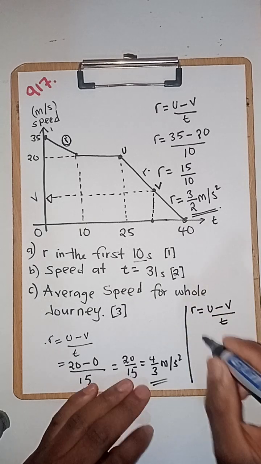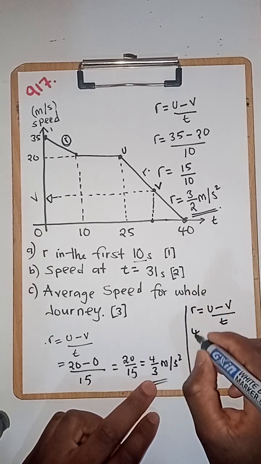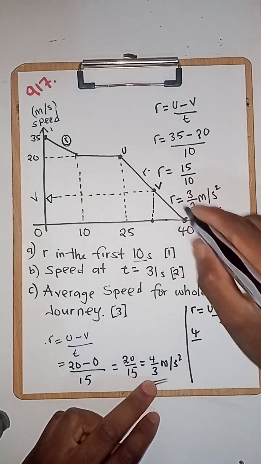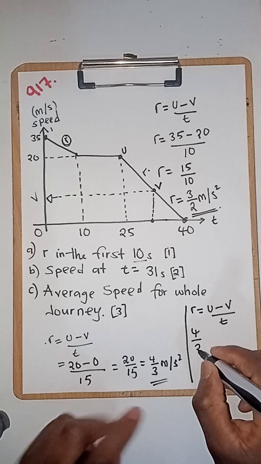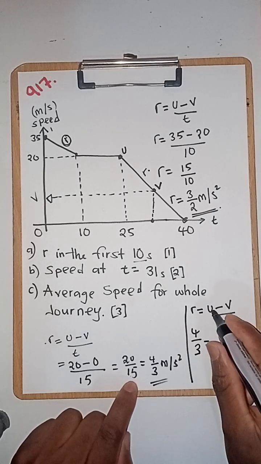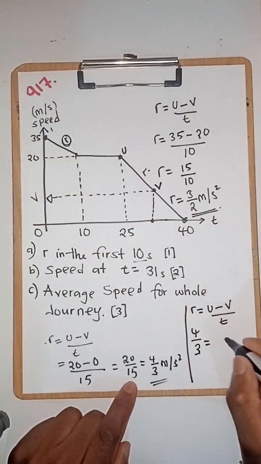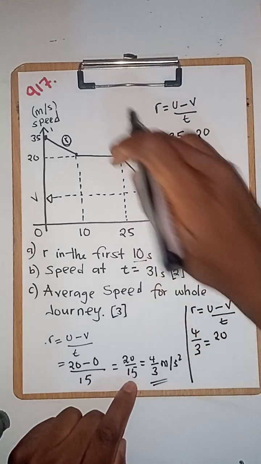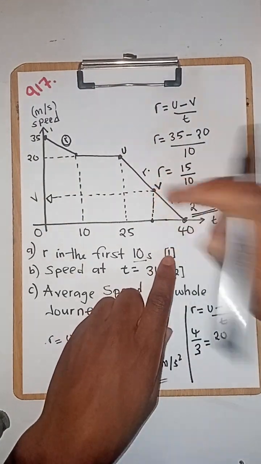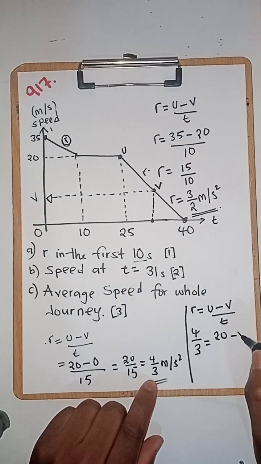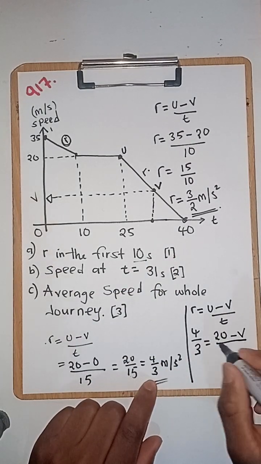R here is now 4 over 3. Don't get 3 over 2. 3 over 2 is for that one. So for this one here, we have 4 over 3, which we just found. So my initial still remains as 20. Now my final is no longer 0 because I'm planning to find the speed which is here. So my final is V. So it will stay as V the way it is.